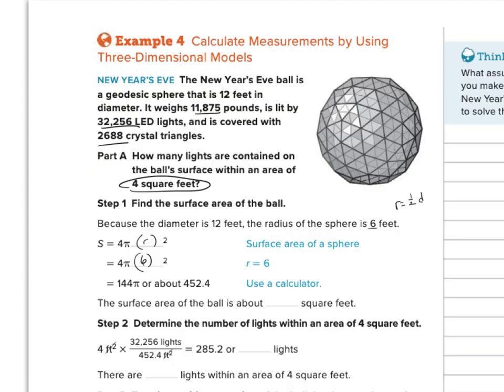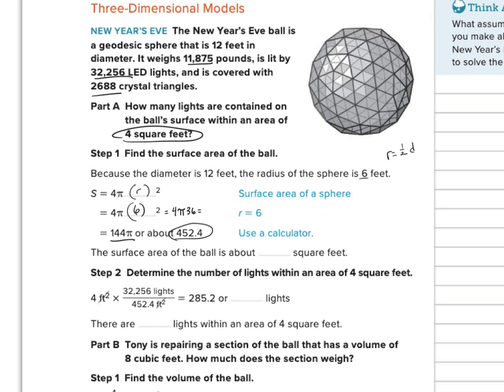You got to remember this would be 4 times pi times 36, which 36 times 4 is going to be 144 pi. Or if you worked it out as a decimal, we would have 452.4. So the surface area is going to be approximately 452.4 square feet.